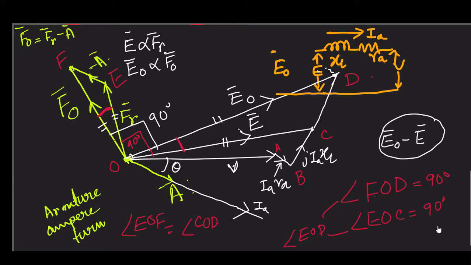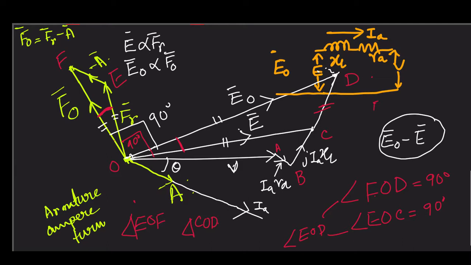So what I am trying to say is that these two triangles, triangle EOF and triangle COD, are similar triangles, right? Now if these two triangles are similar, then obviously this minus A is proportional to this length CD.